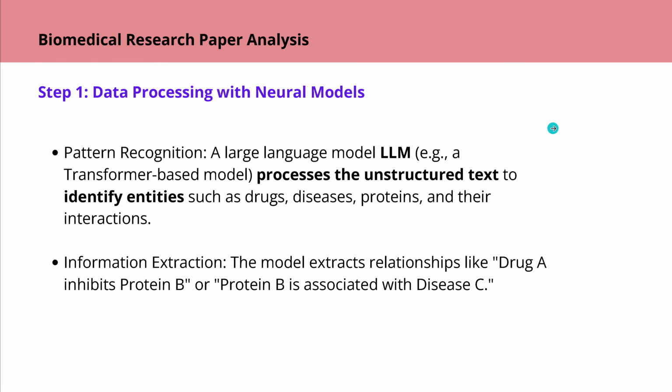Let's start with Step number 1, pattern recognition. We have a large LLM, a transformer-based model, whatever you like, and this processes the unstructured text to identify the entities, our objects, our nodes, our edges. And here we go with diseases, proteins, the interaction between biochemical components. We extract the information.